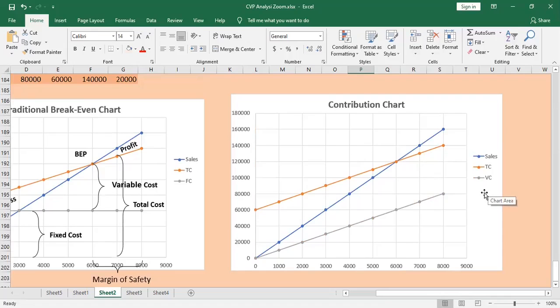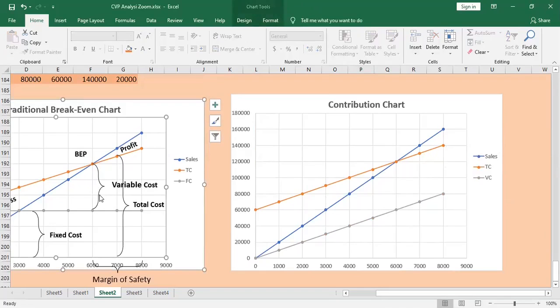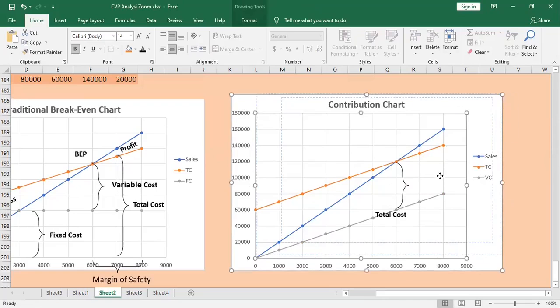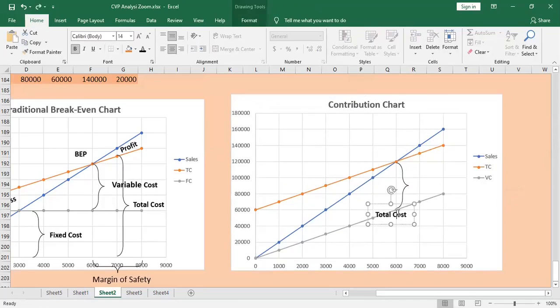So the difference between total cost and the total variable cost, that is contribution. So you can always show that here. The difference here is actually the contribution. This difference we can call contribution.